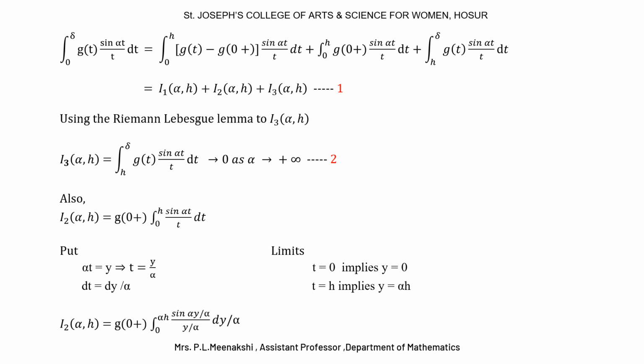So we change the limits also. When t tends to 0, y tends to 0. When t tends to h, y tends to αh. We put the values: g(0+) times the integral from 0 to αh of sin(y)/(y/α) times dy/α.